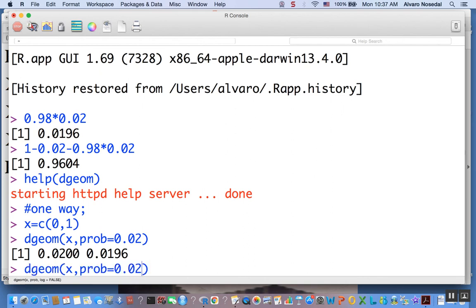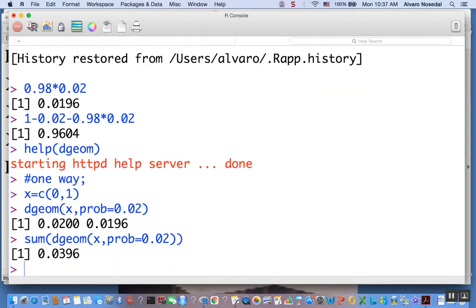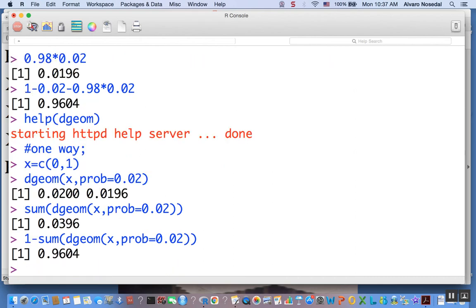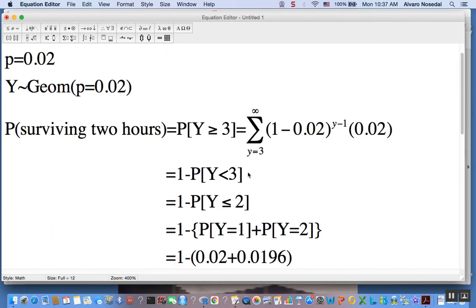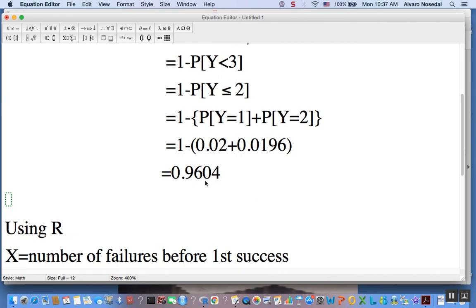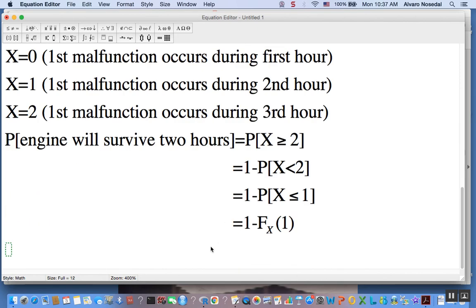Now I do the sum, and finally 1 minus that should be the probability that I want. As you can see, it is exactly the same that we had before, 0.9604.